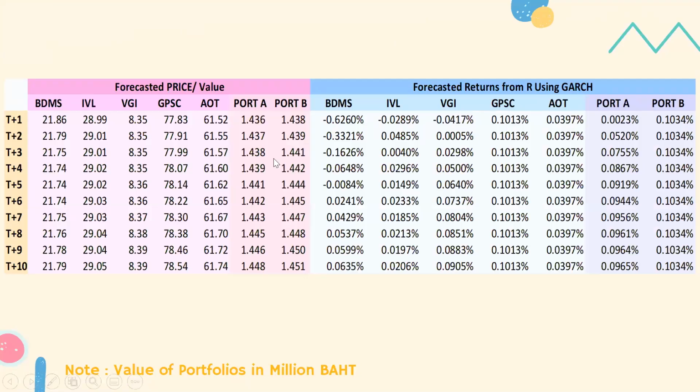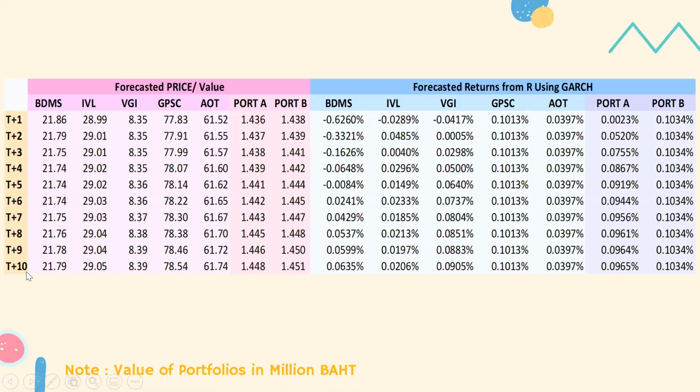And next, for the pink table, this is the forecasted price of the 5 stocks and the forecasted value of portfolios A and B, which is in million baht.